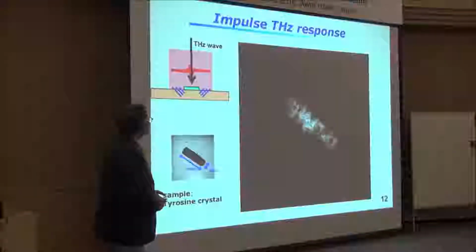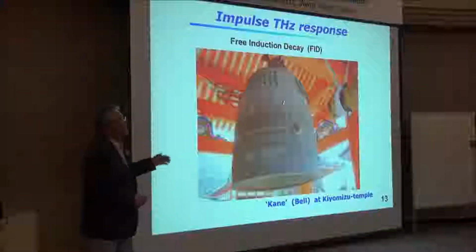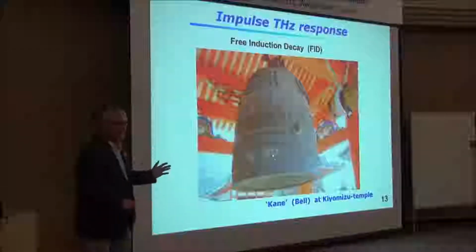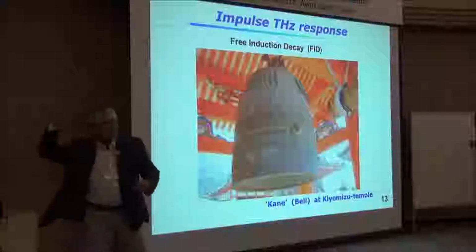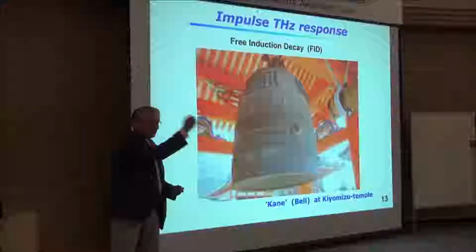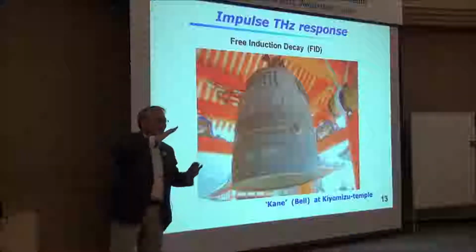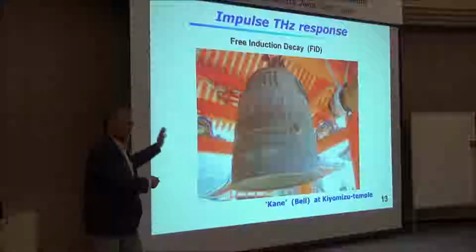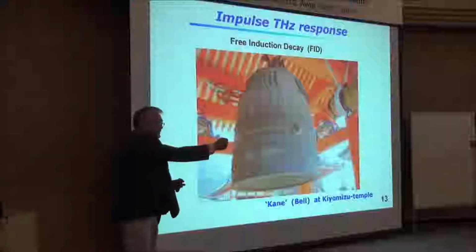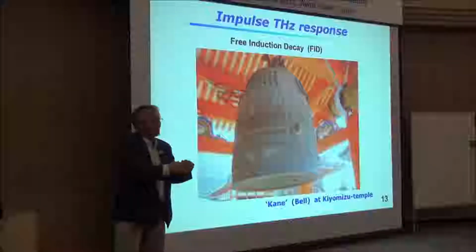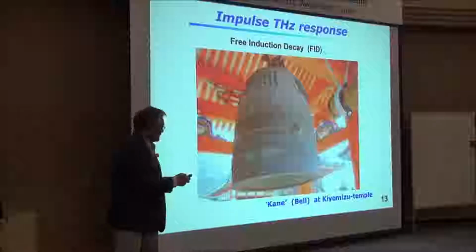What is this? This is a kind of impulsive response of a ring or bell. In Japan, it's called kane. If you imagine the sound of the kane or a ring, we can hear the eigenfrequency of this object. The terahertz technique is similar: just hit the material, and the material speaks its eigenfrequency by itself.